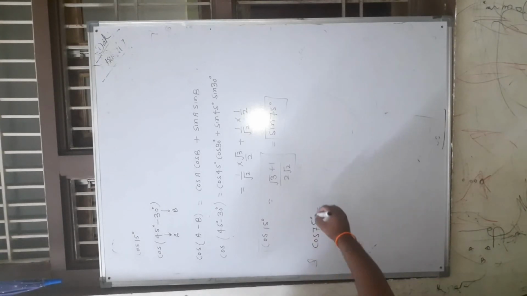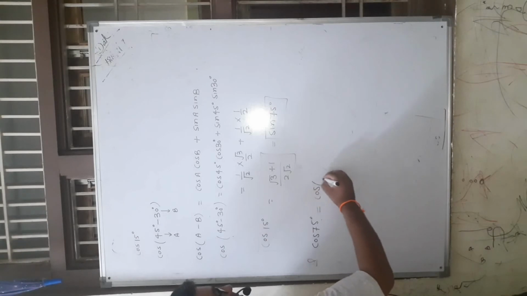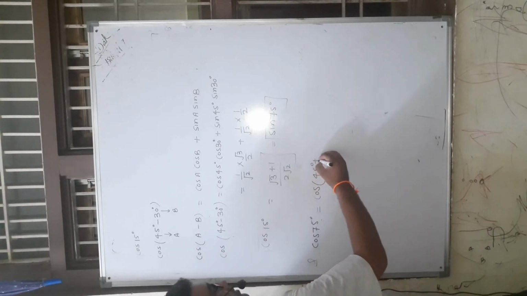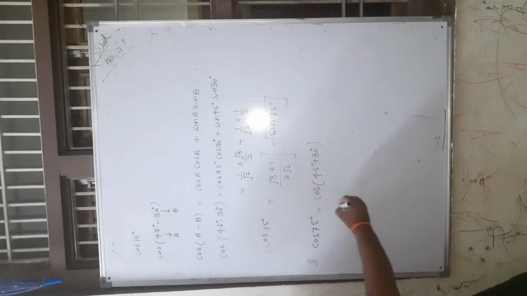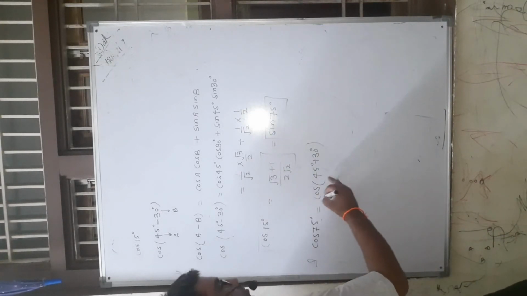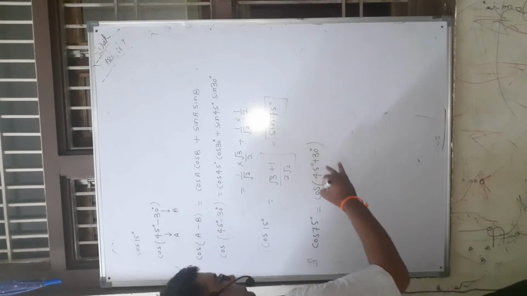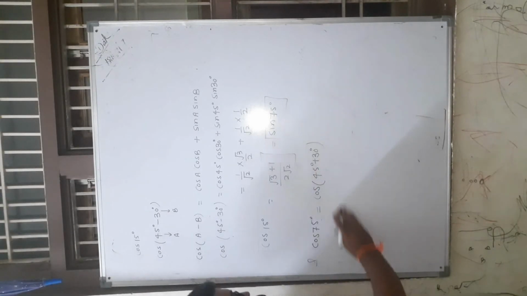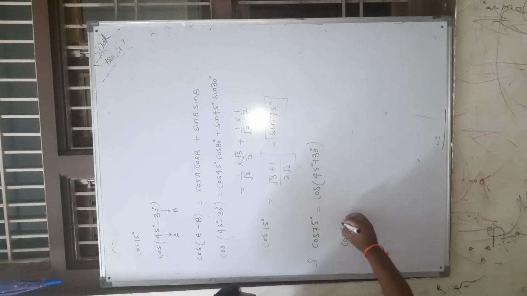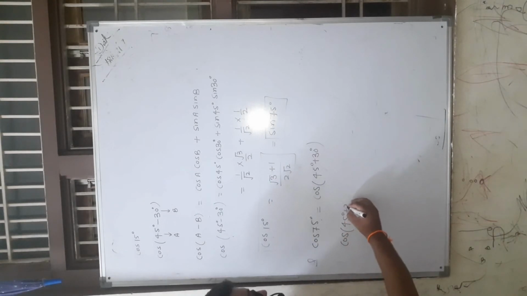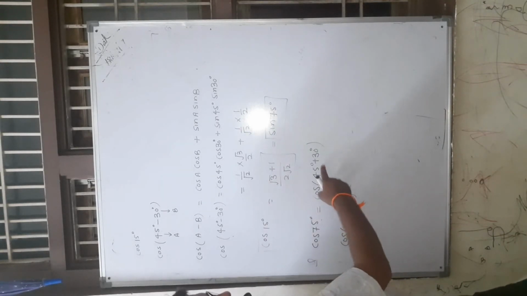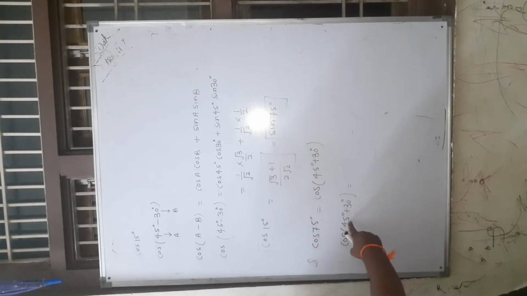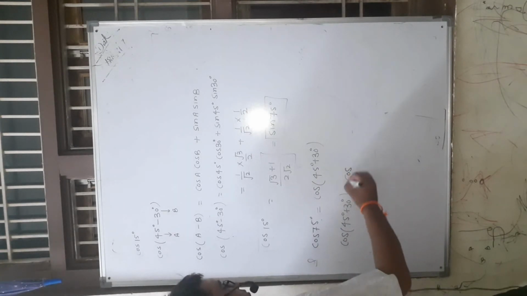Cos 75 degree can be written as cos of 45 degree plus 30 degree, so cos A plus B. This value corresponds to A, this value corresponds to B. So here A is 45 degree, B is 30 degree.